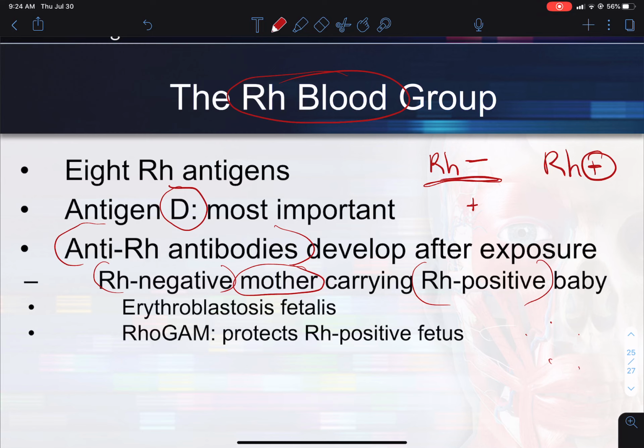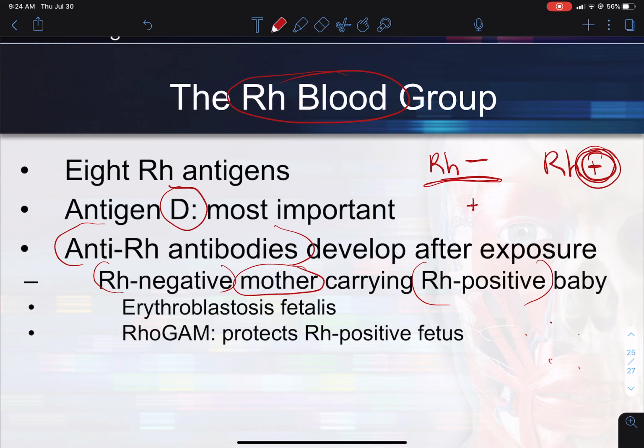And then mom's blood is all of a sudden seeing Rh antigens. And mom's blood is like, oh my gosh, I've never seen that before. I should probably attack it and kill it, right? But that's bad news bears because baby has that. And then mom's immune system would essentially kill off baby's blood. And then baby wouldn't survive.